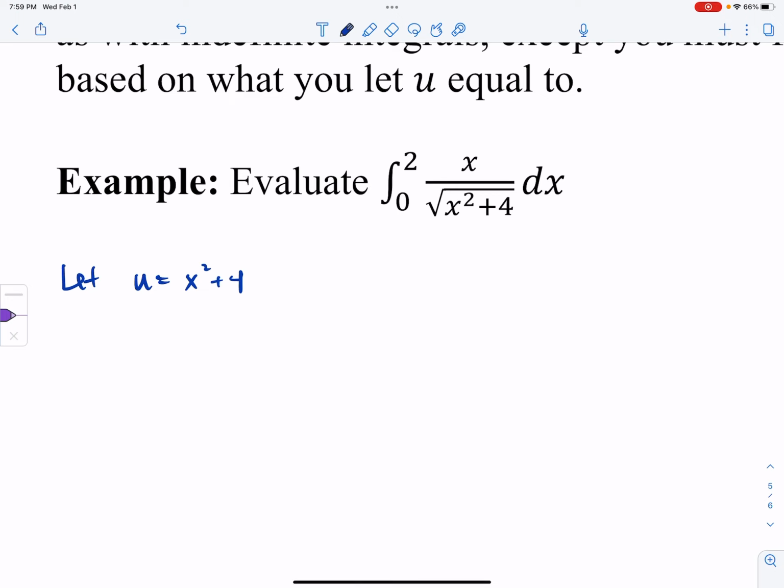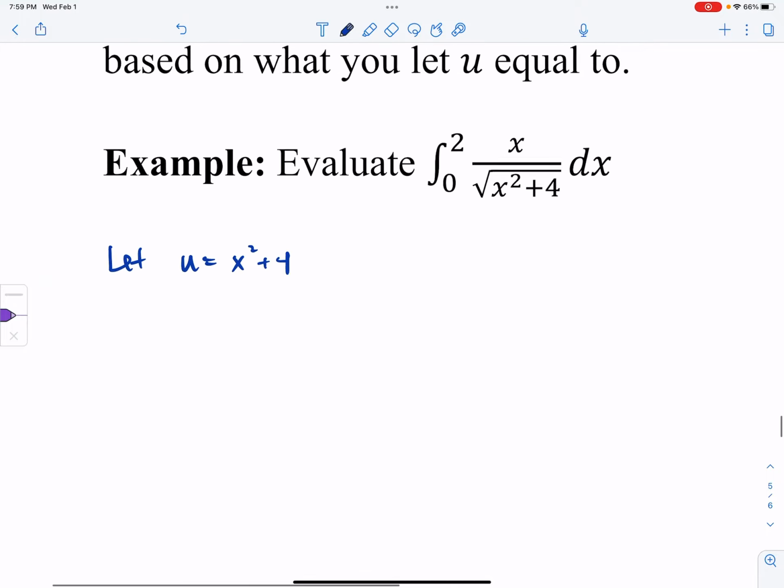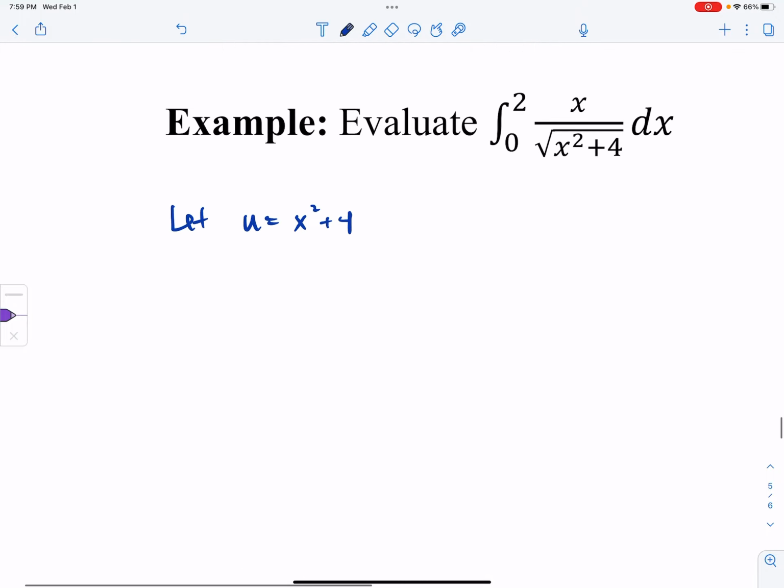Before we do anything, let's find our new lower limit of integration, and we find that by substituting the lower limit, which is 0, into what we let u equal.